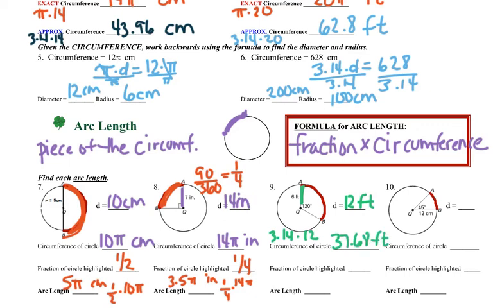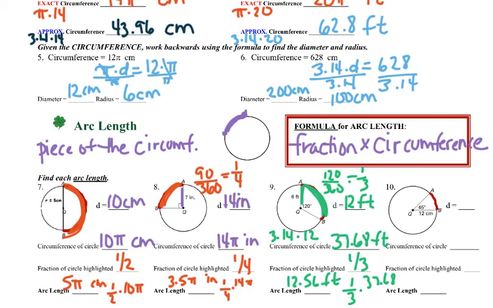What fraction of the circle is highlighted here? It's 1/3. If I don't know that, I could do 120 over 360 and reduce it. So I'm going to multiply 1/3 times 37.68, which is the same thing as dividing by 3. I get 12.56 feet.